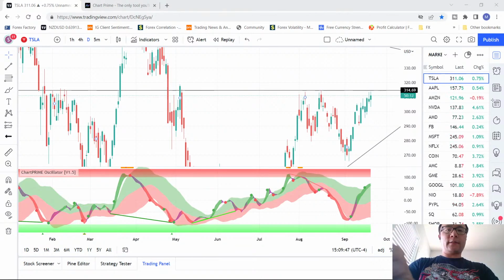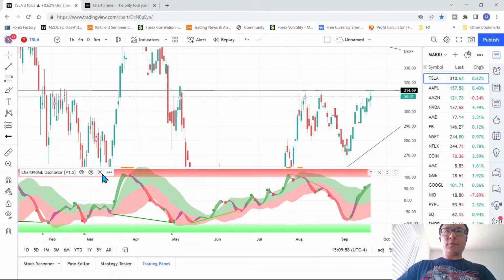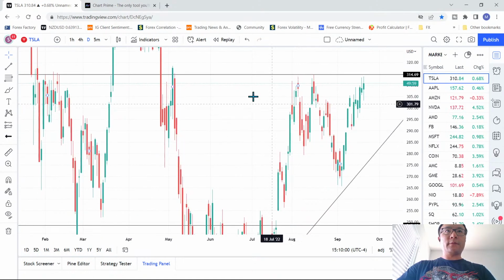Okay, so Tesla is going to buy at 315.50. That's my entry.